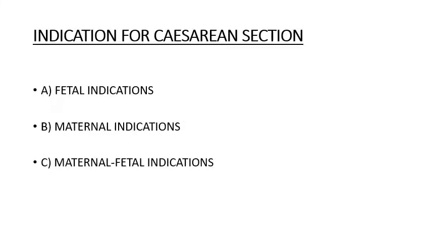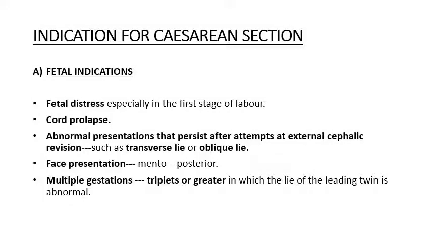So, indications. Indications for every condition in gynecology are usually divided into three: the passage, the passenger, and the power. Passenger is the fetus. Fetal indications: fetal distress, especially in the first stage of labor, when the cervix hasn't dilated up to 10 cm to allow delivery.